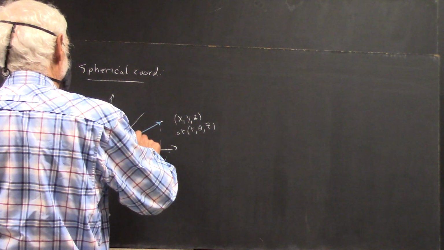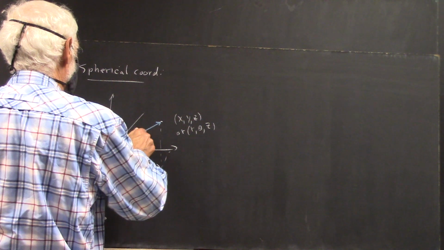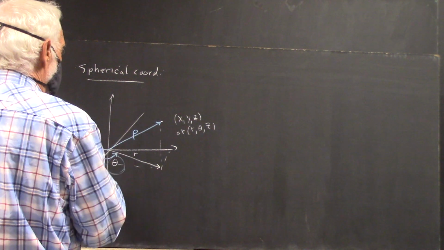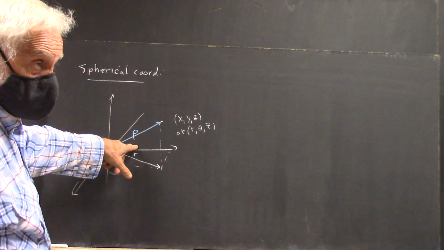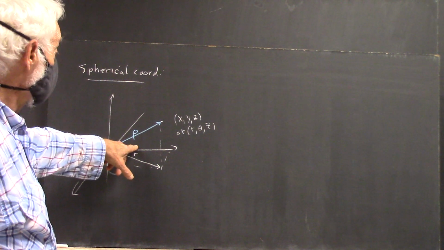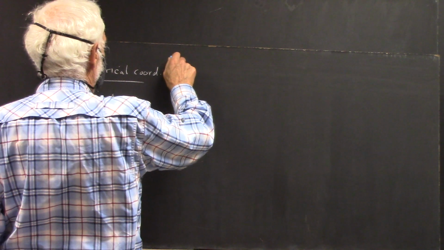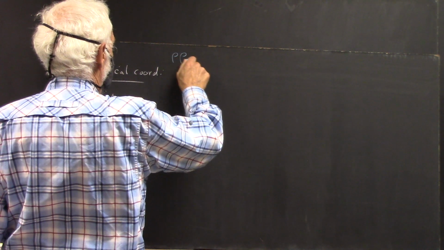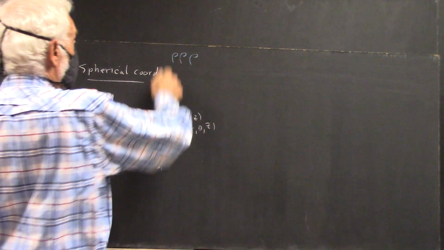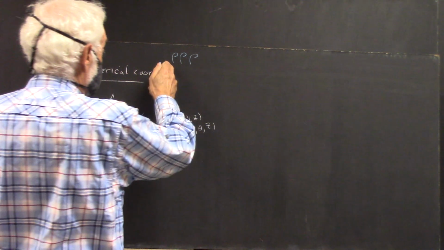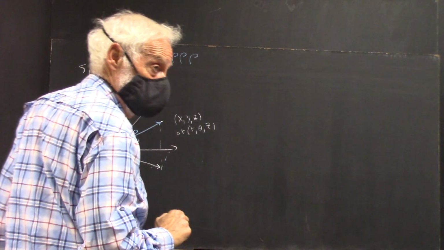This coordinate, it's not P. It's rho. Like this, it's a simple arc, okay? No stem on it. And it's not straight, okay?